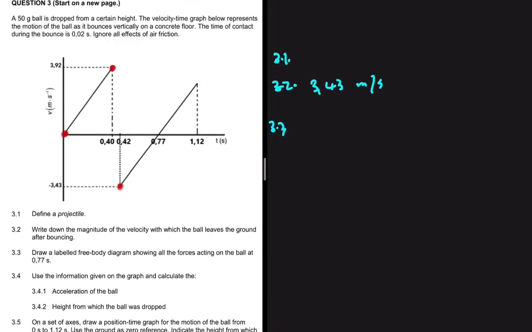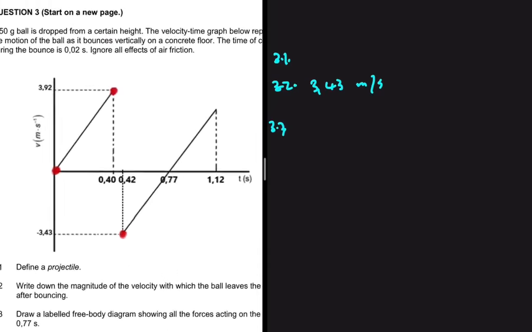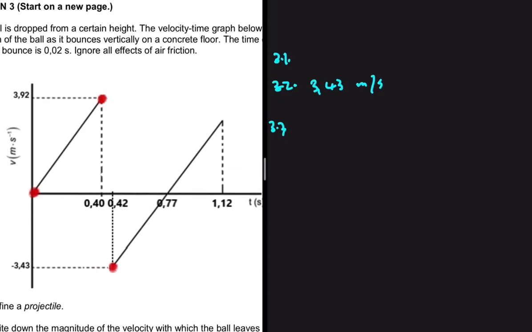And 3.3, draw a labeled free body diagram showing all the forces acting on the ball at 0.77 seconds. So let's go to 0.77 seconds and see what is happening. At 0.77 seconds, our velocity is equal to 0. We know that we are at a maximum height. But apart from the velocity being equal to 0, there is nothing special about maximum height. Gravitational force is still acting on the object.